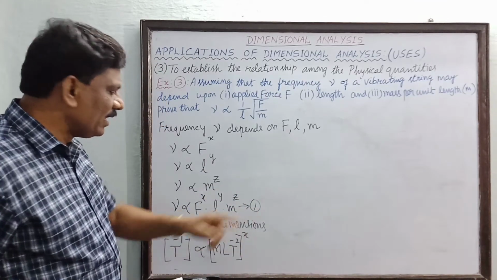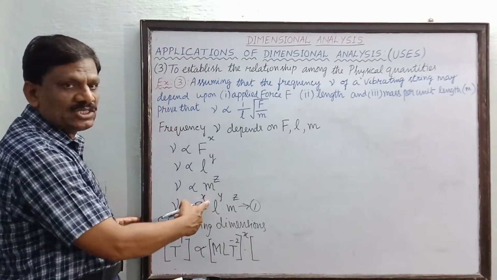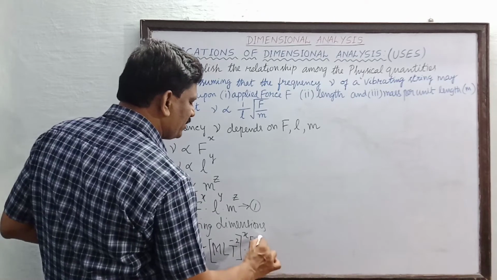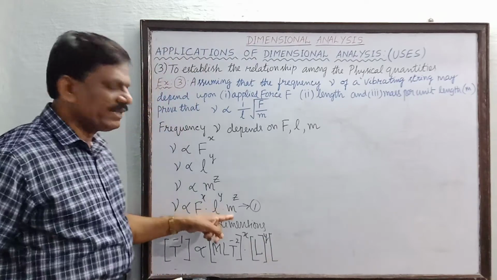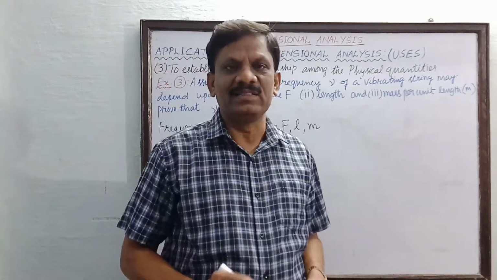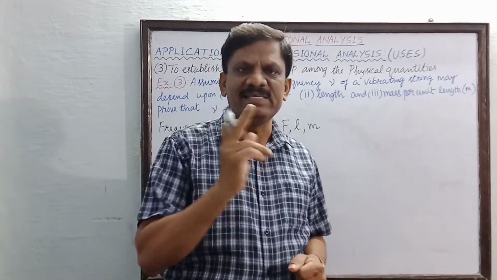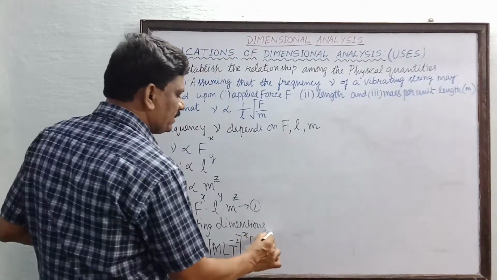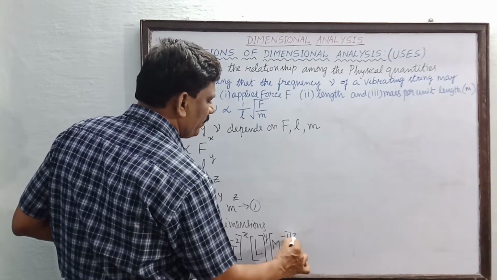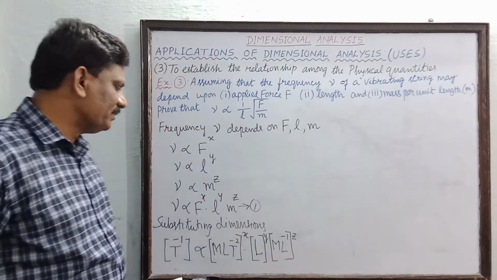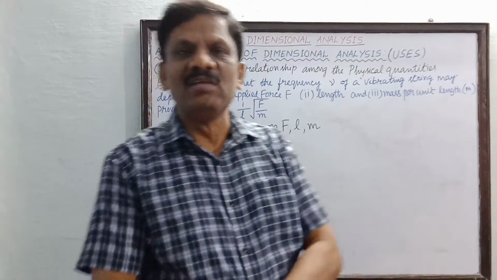The next factor is length L, having the dimension capital L raised to the power y. The third factor is mass per unit length, mass by length, capital M by L, so I can write that as M into L power minus 1, whole to the power z. So for each term on the right hand side we have substituted the dimensional formula.